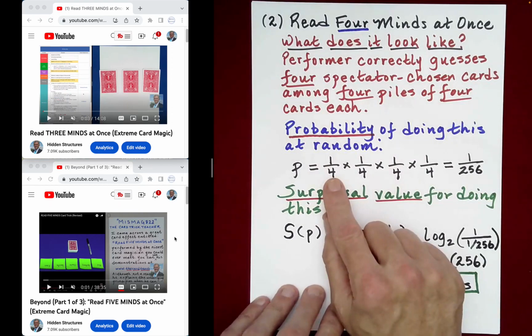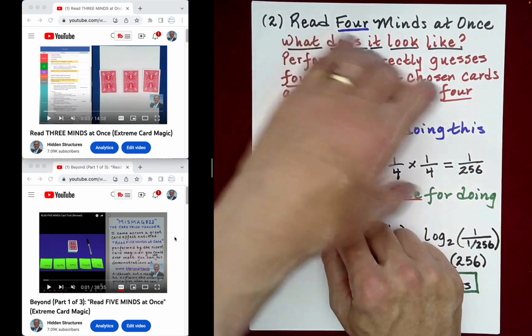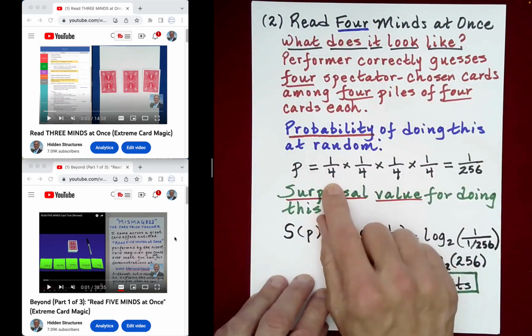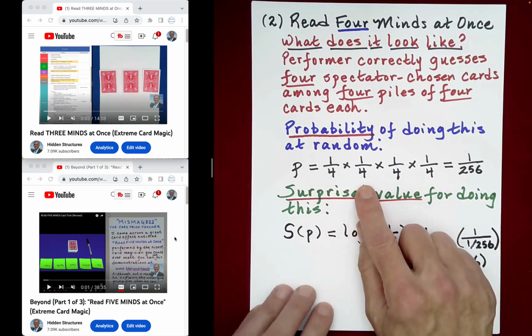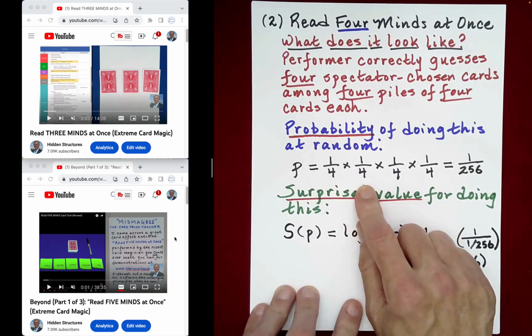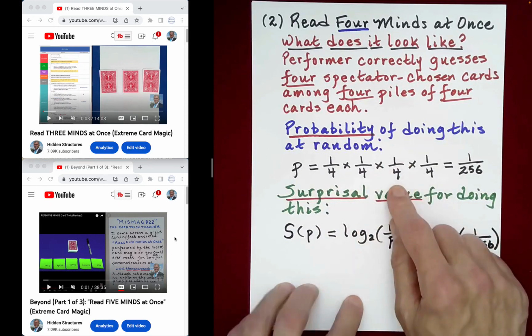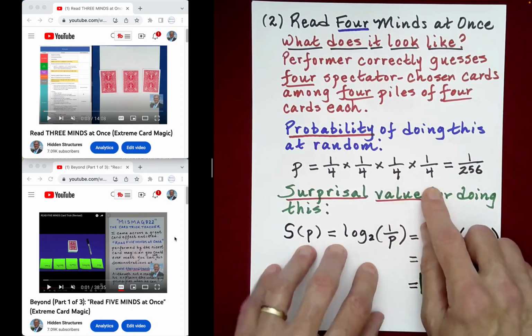So now imagine we have 4 piles of 4 cards each. For me to randomly choose or guess the spectator's first card in the first pile, I have a 1 out of 4 chance of doing that at random. The same thing holds for the second pile and their second selection, their 3rd selection, and their 4th selection.